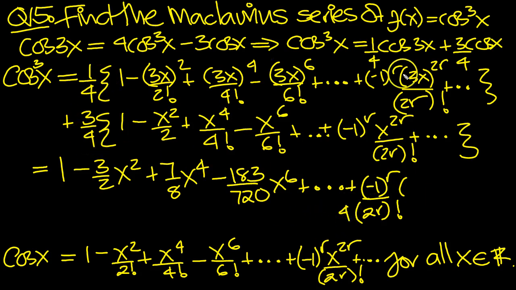And then we've got one lot of 3 to the 2r here. And then here we've got plus 3, close bracket. So that would be the 3/4, the 1/4, 3 to the 2r, close bracket x to the 2r.